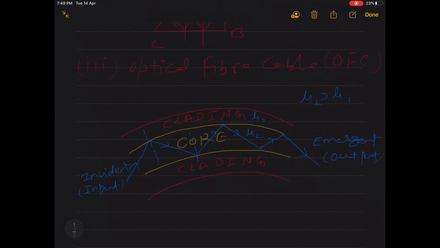So this optical fiber cable is a very important part in electronic communication nowadays. Whatever signal we transmit, that first is converted into message signal, then it is converted into optical signal, and that optical signal is transmitted through the optical fiber cable to the desired end.